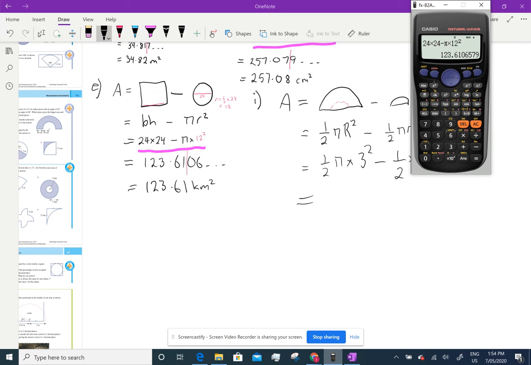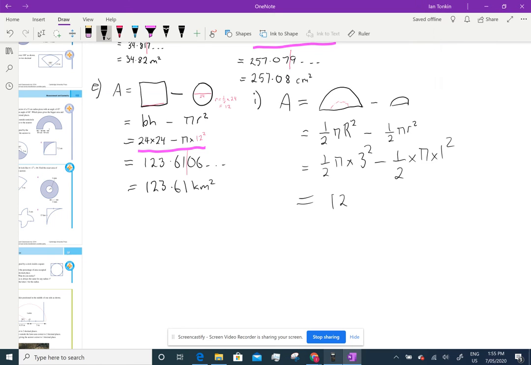And again, straight to your calculator. A half times pi times 3 squared minus a half times pi times 1 squared. 12.566... We're going to 2 decimal places.